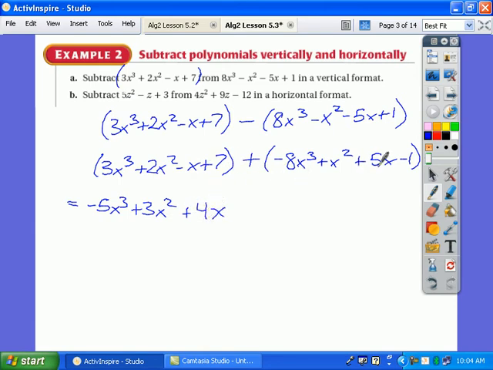And plus 7 minus 1 is plus 6. That's the idea. Again, when we subtract, we're subtracting this entire second polynomial. To accomplish that, we distribute the minus sign into the second polynomial, and then we can add the polynomials, or view it as addition.